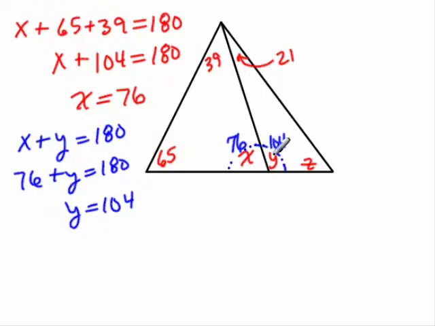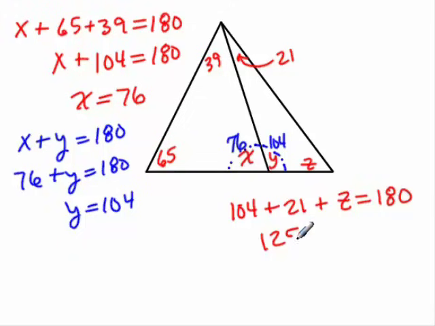We can use these two angles to solve for Z. Three angles added together will equal 180 degrees. 104 plus 21 plus Z equals 180 degrees. Combining like terms, we have 125 plus Z equals 180. Z now equals 55.